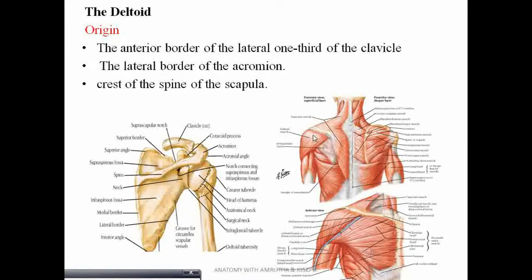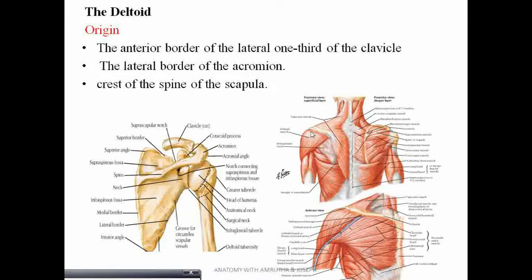Deltoid is originating from the anterior border of the lateral one-third of the clavicle, lateral border of acromion, and crest of spine of the scapula. Anteriorly, deltoid is originating from the clavicle.